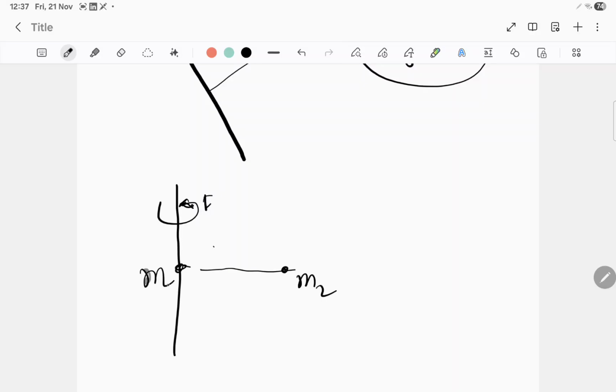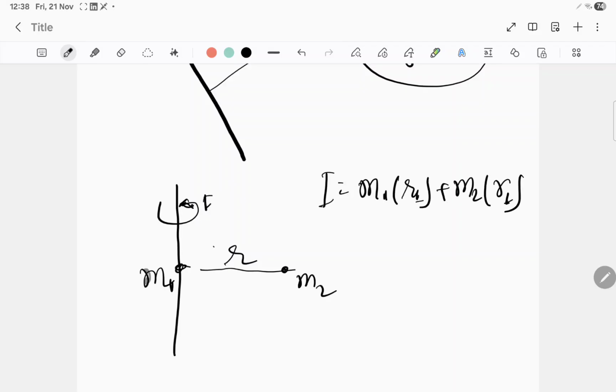So this is m1. If we want to find the moment of inertia, this is r. I net will be m1 into r perpendicular square plus m2 into r perpendicular square. The distance of m1 from the I1 axis is 0, because mass m1 is itself on this I1 axis.